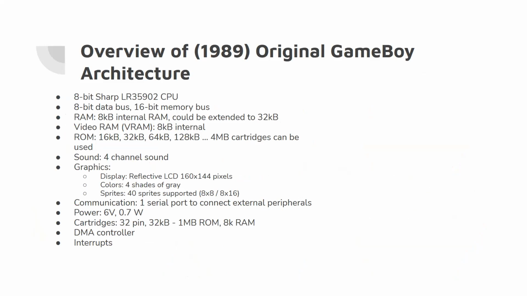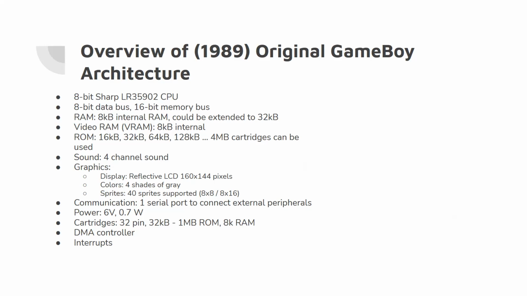As an overview of what that Game Boy's architecture looks like, it has an 8-bit CPU. It's a custom one, the Sharp LR35902. It's pretty much a hybrid of the Intel 8080 and the Zilog Z80, but it has a couple quirks that make it different.